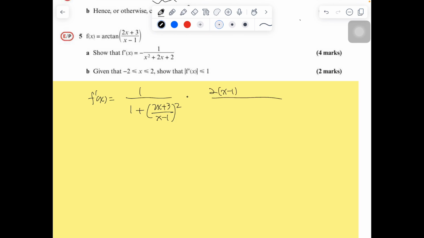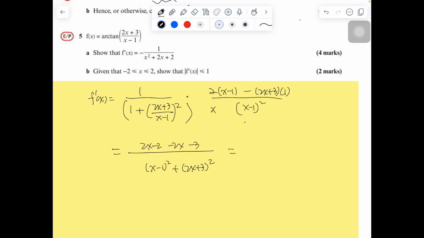So 2x minus 1 plus, minus 2x plus 3 and 1, over x minus 1 squared. So I will multiply this x minus 1 squared on the left side. So here x minus 1 squared plus 2x plus 3 squared. And 2x minus 2 minus 2x minus 3, so we have negative 5.